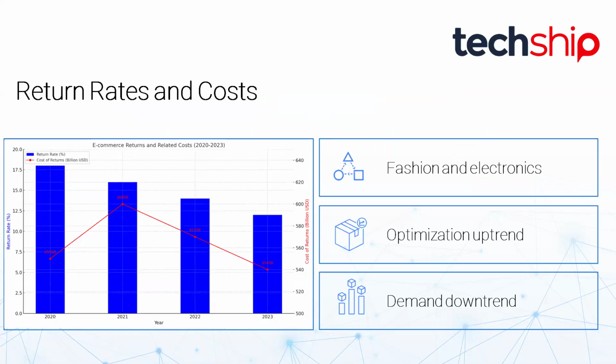There has been a downtrend when it comes to returns in terms of two things: the rate percentage and the cost. This is a really costly part of the industry, returns, where we're talking about over $500 billion a year across the whole industry.